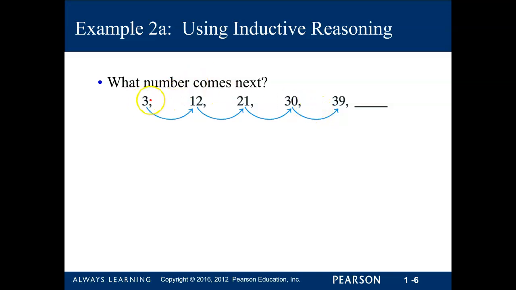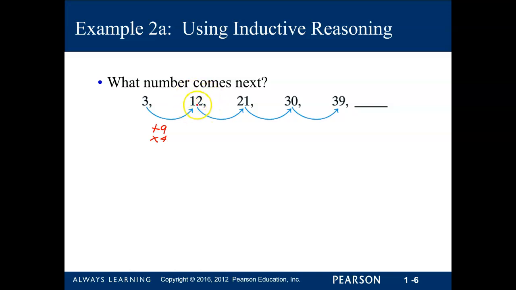Now, if you take a look from 3 to become 12, you have two ways to make that happen. Either you add 9, 3 plus 9 is equal to 12, or 3 to become 12 could also be times 4. All right? So now, which of the two will be our conclusion? Well, it depends. Whichever is the consistent pattern that we see here, that's what our conclusion will be.